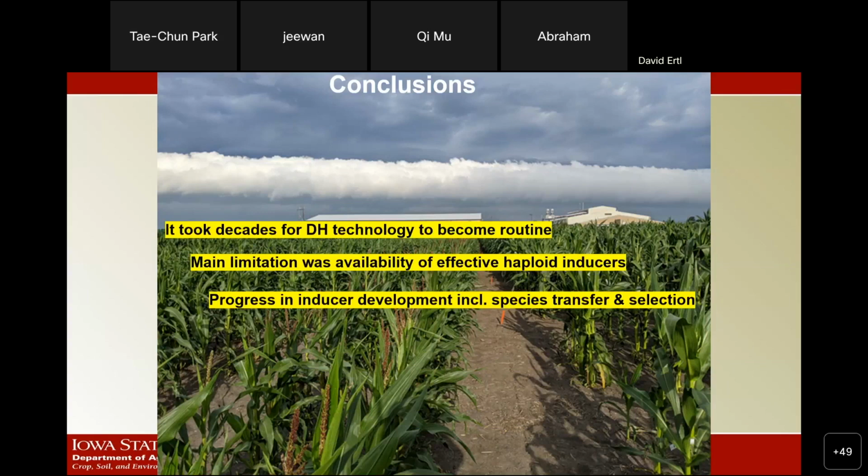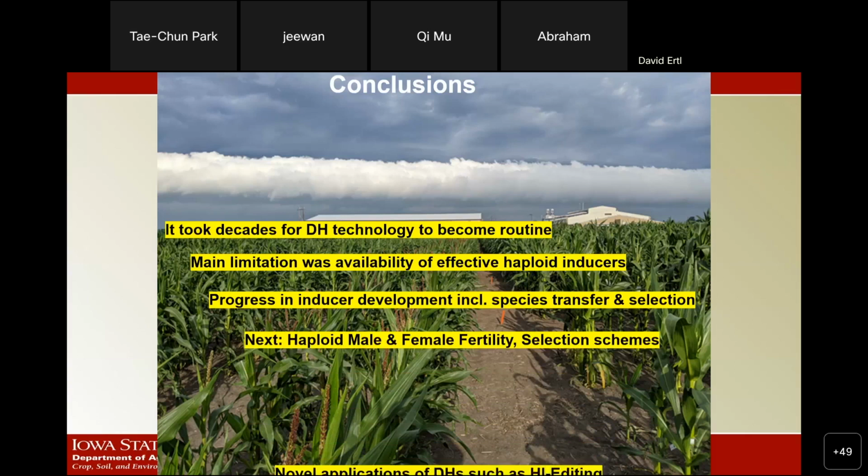Genes have been isolated, and it has already been shown that using this knowledge, it is possible to transfer DH systems in novel species. The next frontier, if you want, is haploid fertility. And could that be used in certain selection schemes?